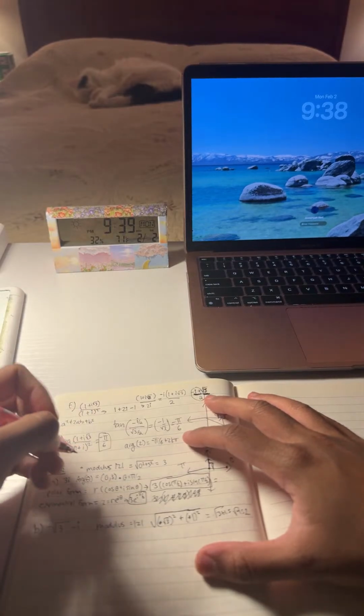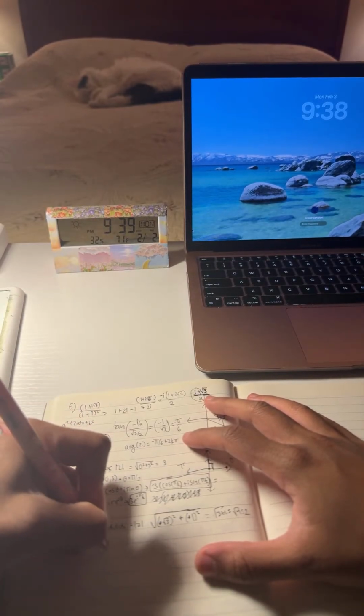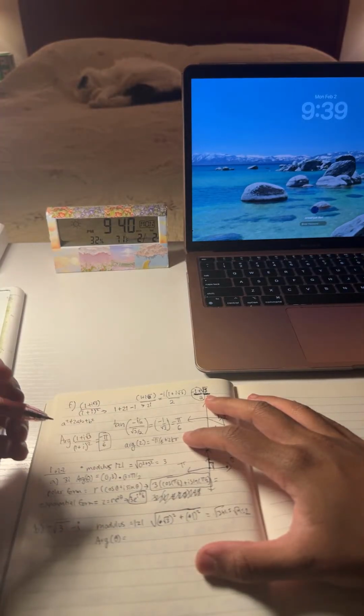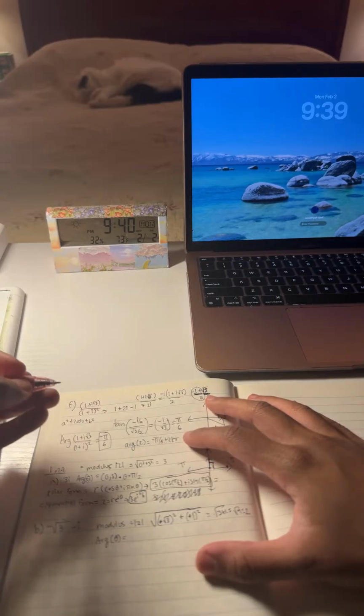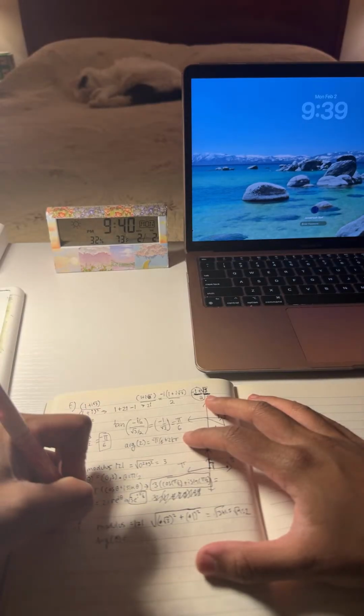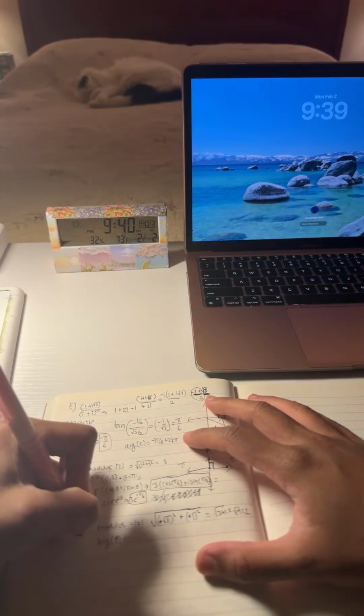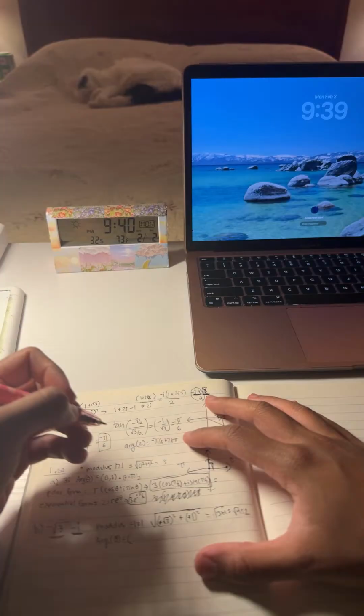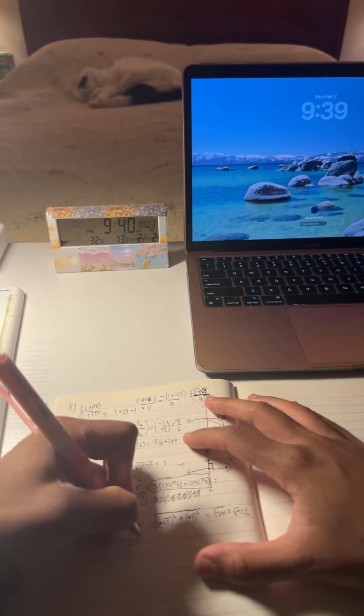And then for the argument theta, we have the points. The complex part is on the y-axis. This is the x-axis. So that'd be the point negative root 3, negative 1.